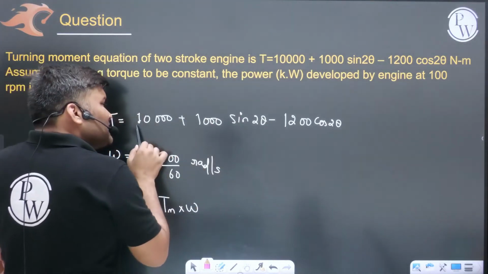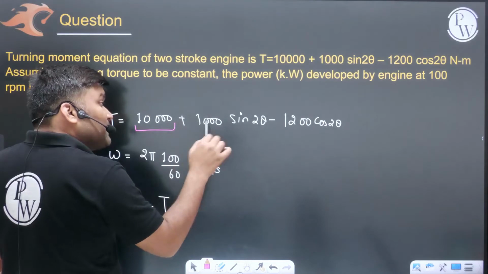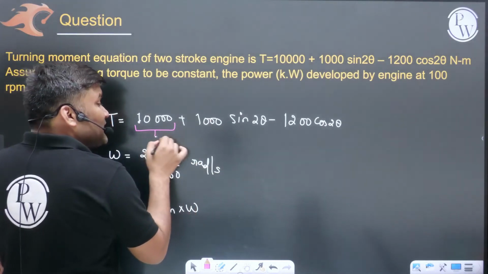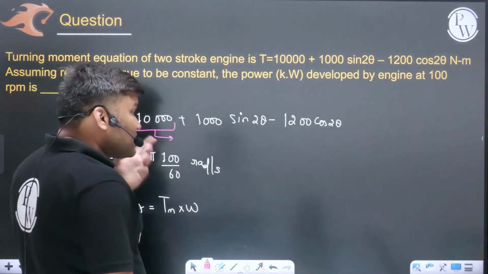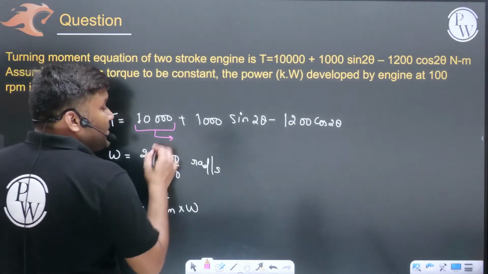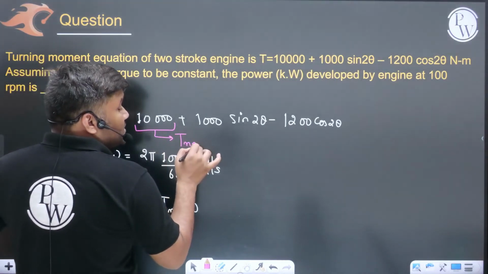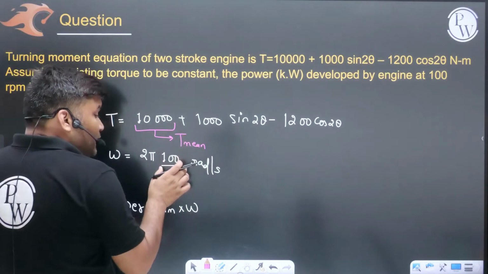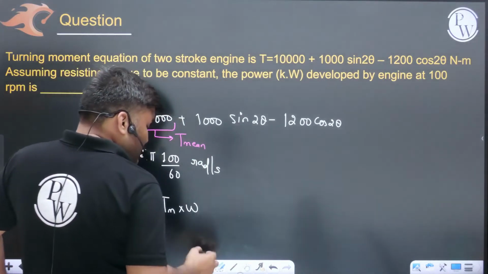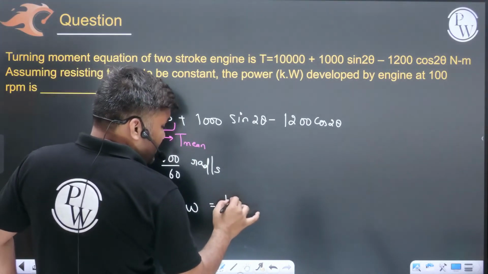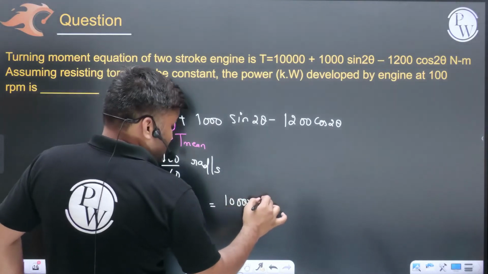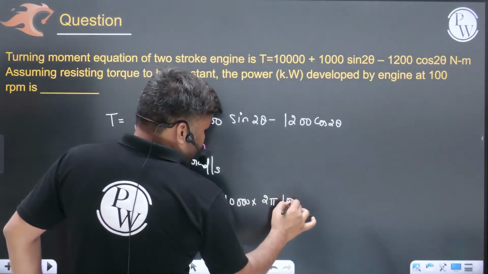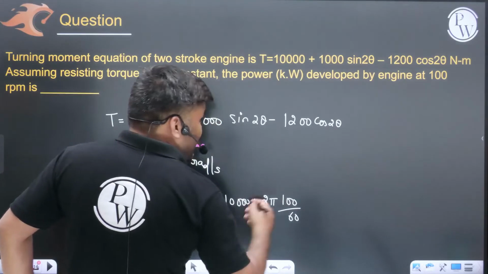Whatever term is there which is independent of sin and cos, this is my mean torque. खत्म. अरे mean torque दिया है, omega दिया है. Can you directly tell me what is the answer? Just multiply करना है. 10,000 into 2 pi 100 divided by 60. You will get something in watt.